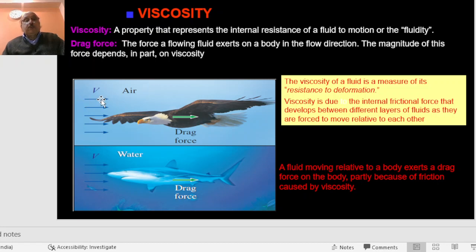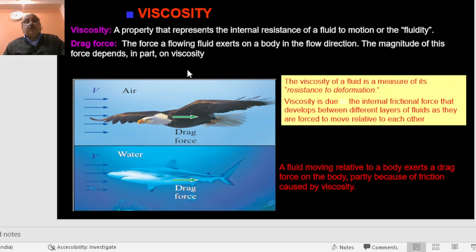If a fluid is in motion, maybe gas or maybe liquid, the layers of the fluid will have some frictional force between them, and that frictional force produces an internal resistance, and that internal resistance is called viscosity.